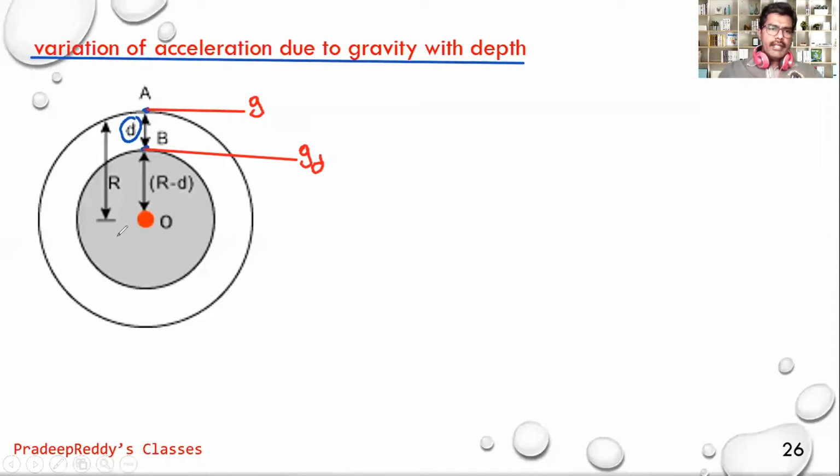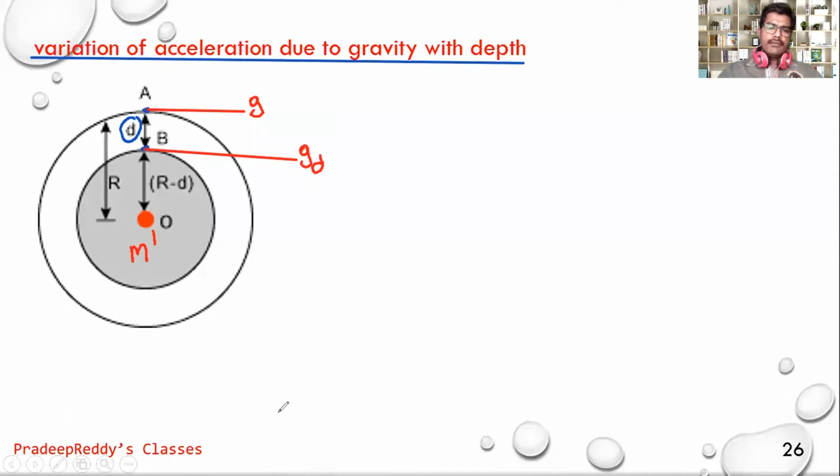Now when you are going deep into the earth, what is happening to the effective radius? Effective radius is decreasing. So when you are going deep into the earth, you need to calculate the mass of this sphere with radius equal to R minus d.